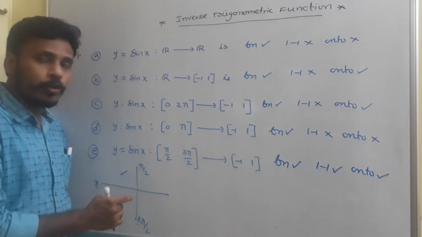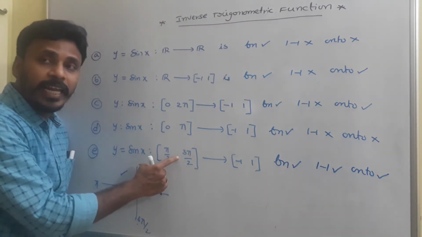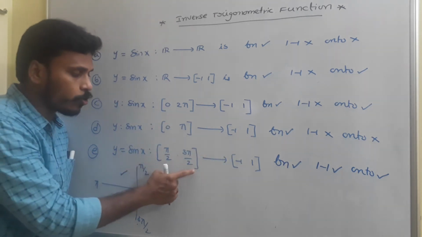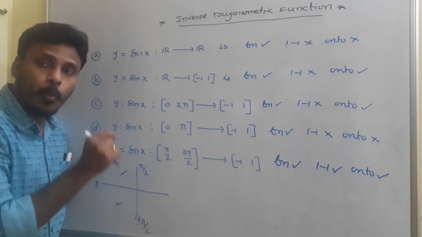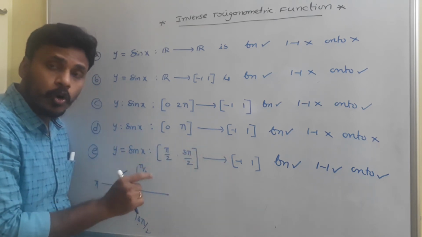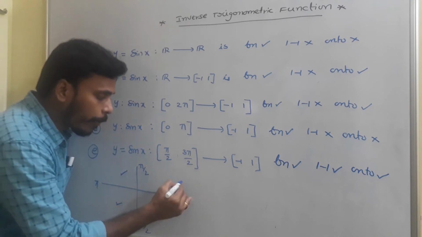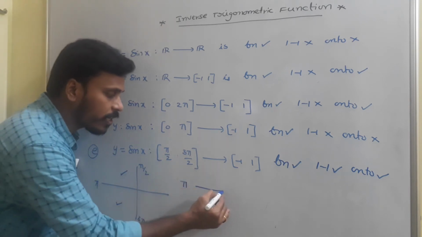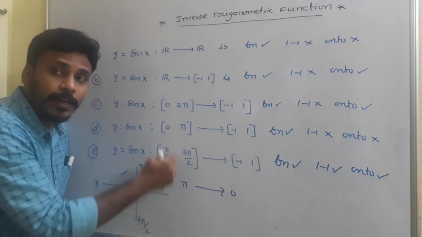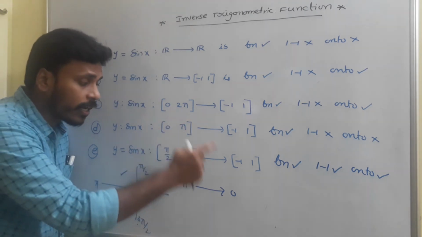Suppose sine of 180 degrees is 0. In between 90 degrees and 270 degrees we have 180 degrees. Sine of 180 degrees is 0. So pi of the domain is connected to 0 of the second set. If you search, no other element in the first set is connected to 0.